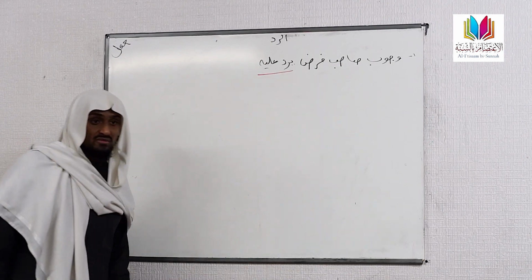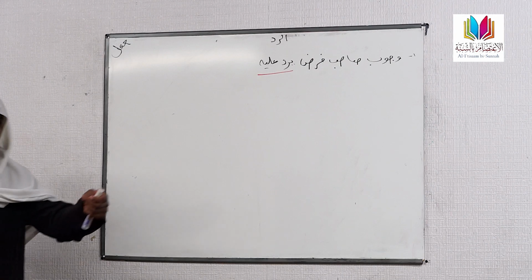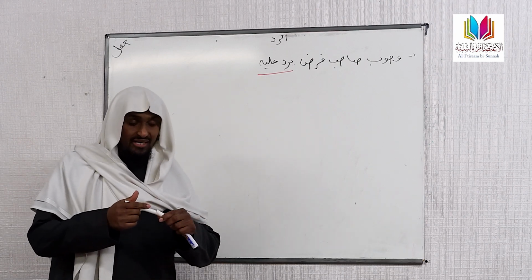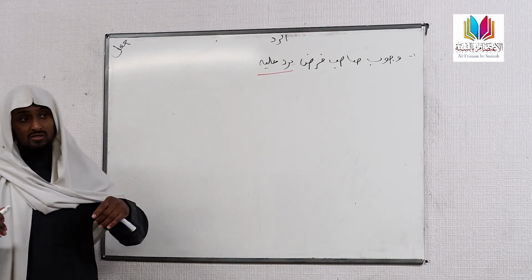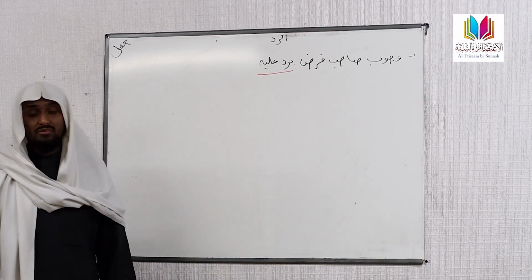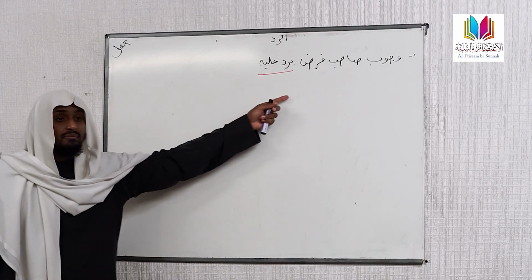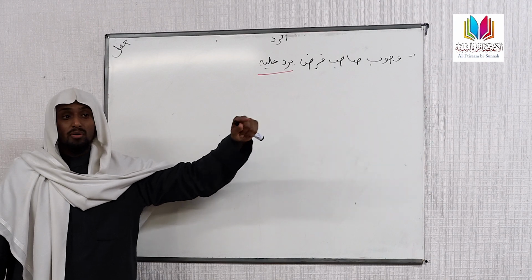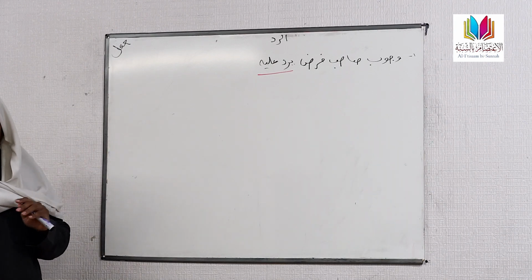Who is a صاحب الفرض? Who can tell me? Those people that inherit specific portions. So the first condition for us to give back the remaining amount is there has to be what? A person that has a specific portion. Okay.